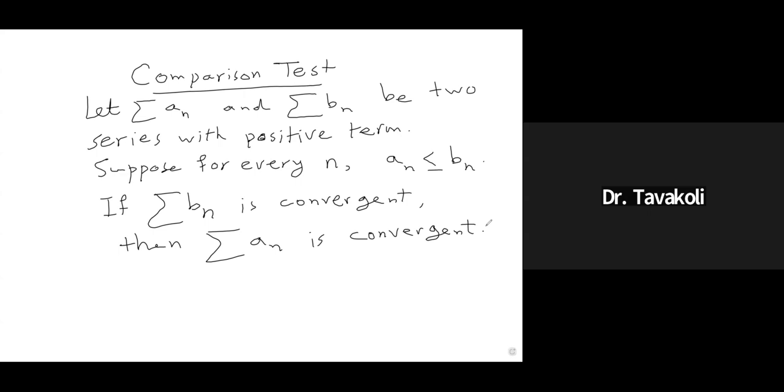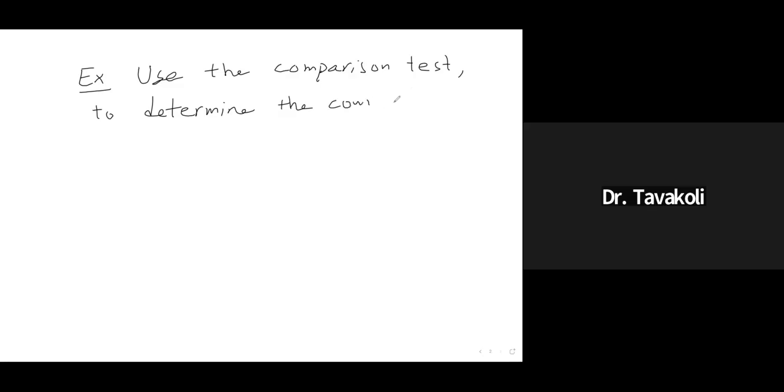To clarify this, let's see some examples. Use the comparison test to determine the convergence or divergence of sigma of 1 over 3n squared plus 5.